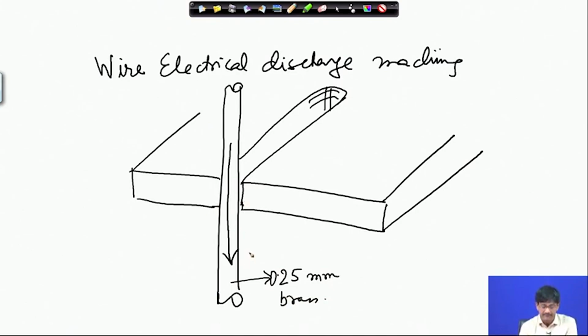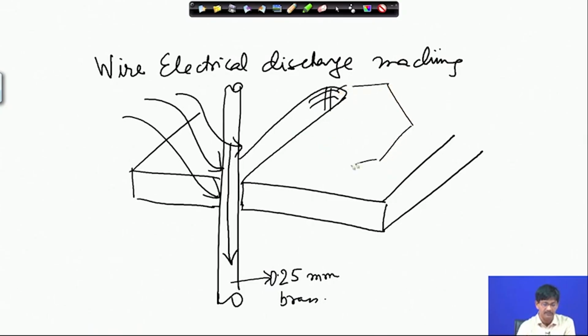But suppose I give electrical connection to this, and I am providing voltage pulses, and I am flooding the whole place with some dielectric fluid, say deionized water or kerosene. The moment the wire comes close, sparks will fly, and if I make the wire move along a definite path, accordingly material will be cut, and two-dimensional CNC controlled cuts can be taken very conveniently.